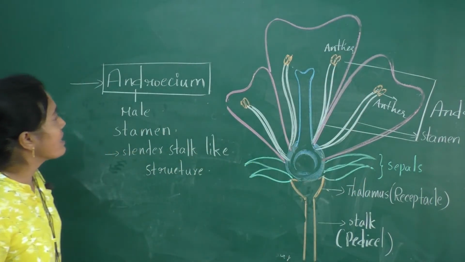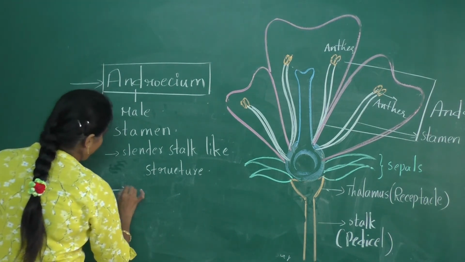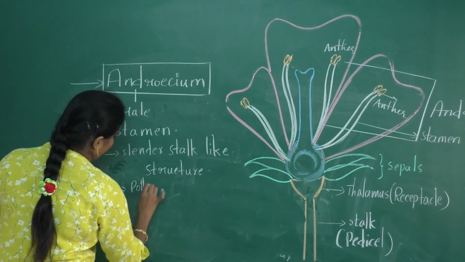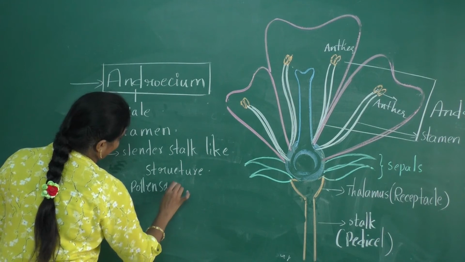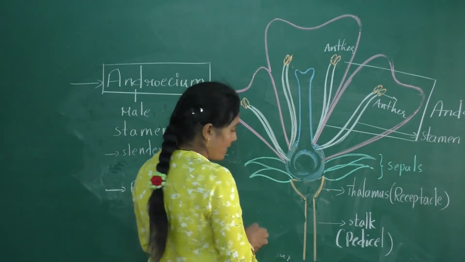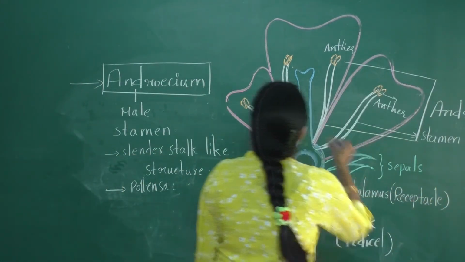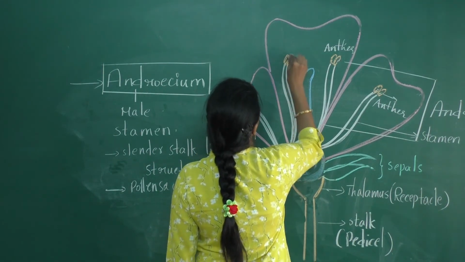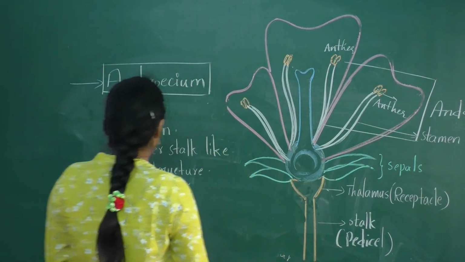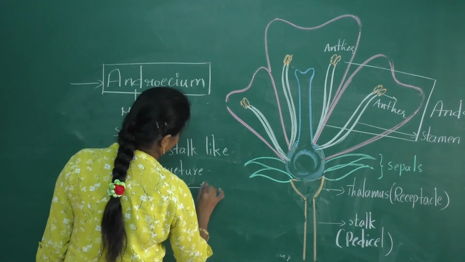This anther consists of two-lobed pollen sac. In this pollen sac, the pollen grains will be produced.